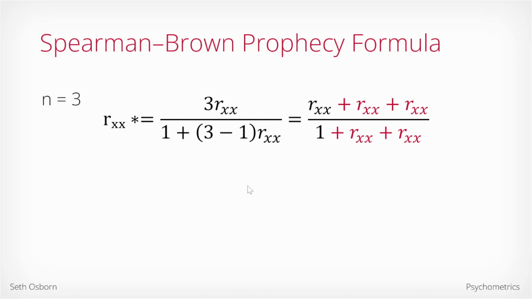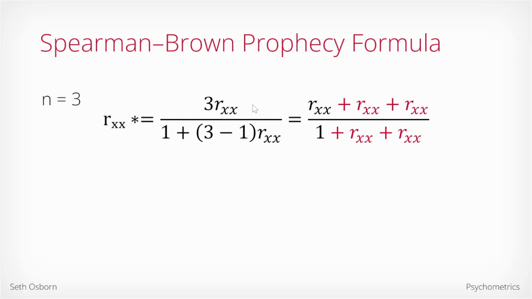I think when you start to see it this way, the denominator of the formula starts to become less mysterious. We start at 1, which was the maximum possible reliability estimate, and then we say, whatever n is, we're going to subtract 1 from that number, and that tells us how many extra values of RxX we need to add in the denominator to counterbalance what's happening in the numerator.